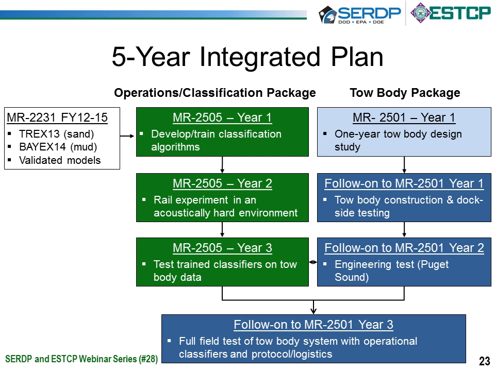And then finally, in year 3 of this project, we hope to actually do a full engineering test in the Puget Sound of this tow body design, and that will allow us to test these algorithms out using this tow body data. And all of this will come together in the final year where we'll do a full field test of this with operational classifiers and protocol logistics.